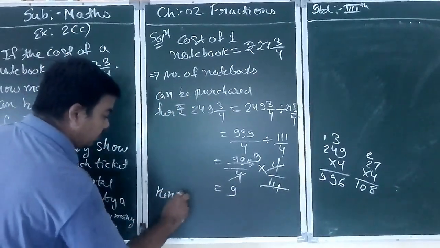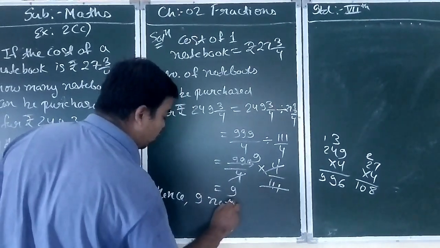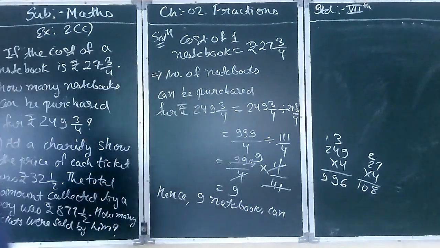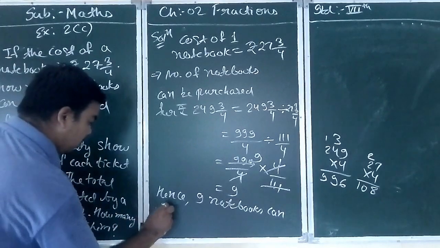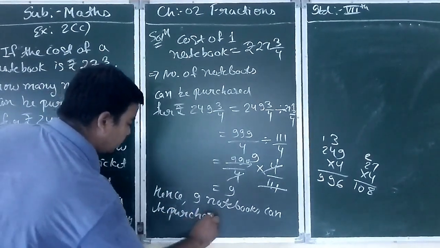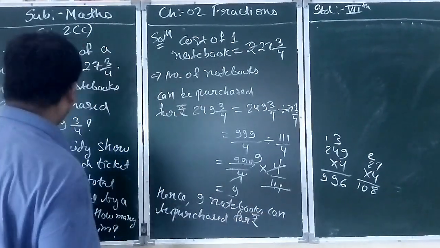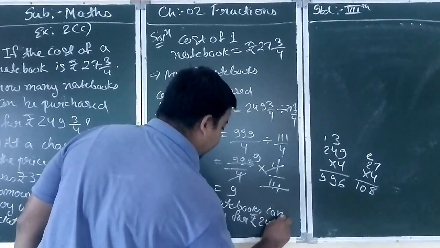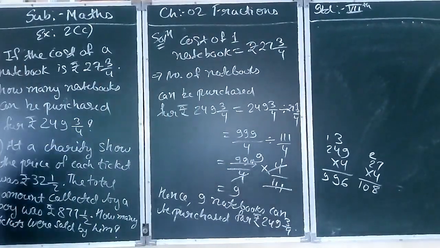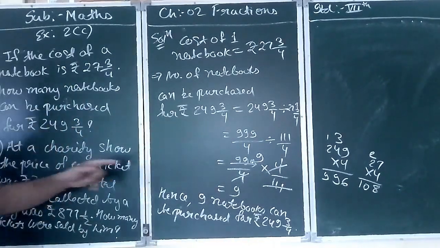Hence 9 notebooks can be purchased for rupees 249 3 by 4. Okay. So how many notebooks are purchased with 249 3 by 4? 9 notebooks.